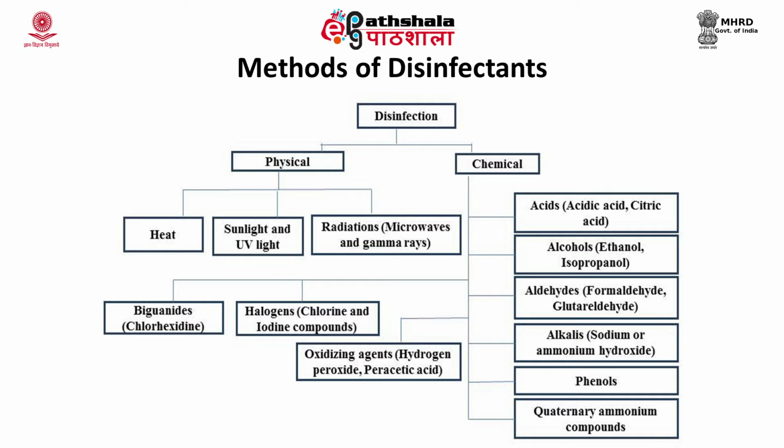The physical process involves heat treatment, treatment with UV light, or radiations, where microwaves and gamma rays are used to achieve disinfection. In the chemical process of disinfection, alcohols, aldehydes, phenols, quaternary ammonium compounds, halogens, and oxidizing agents are used to achieve disinfection.